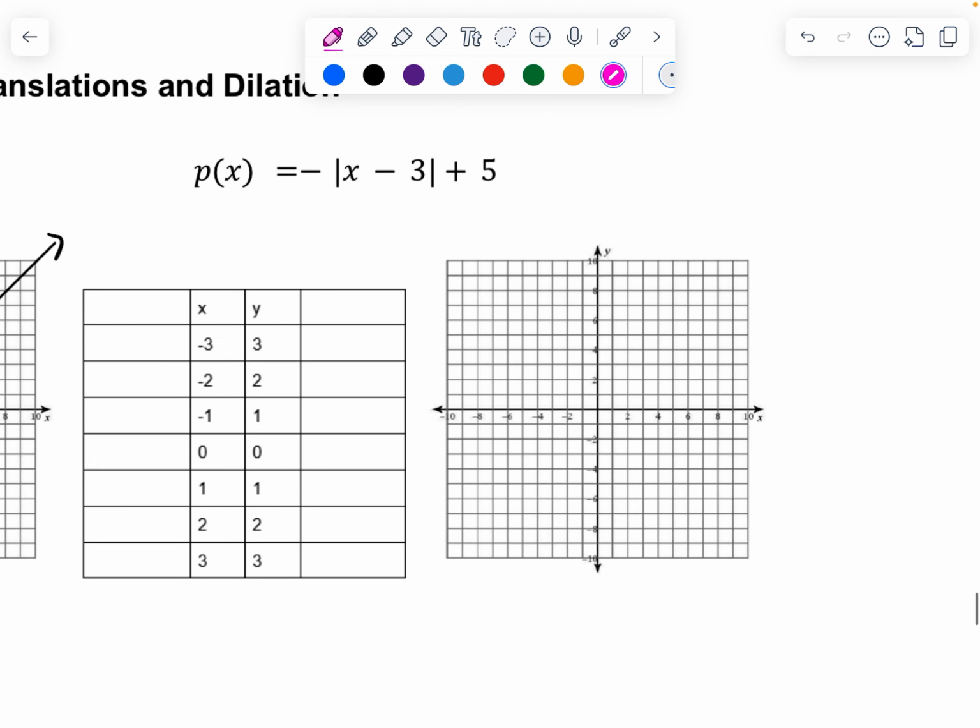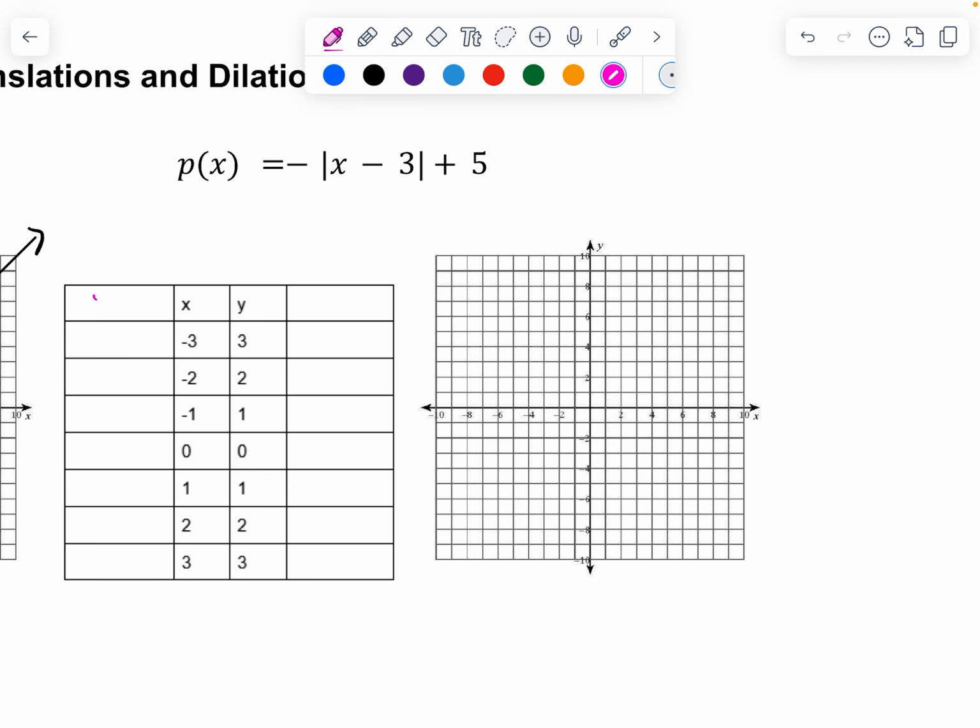And then this one. So we are adding 3, so that's going to be 0, 1, 2, 3, 4, 5, 6. Over here we're taking the opposite of y and adding 5. So that's going to be negative 3 plus 5, which is 2. Negative 2 plus 5, which is 3.